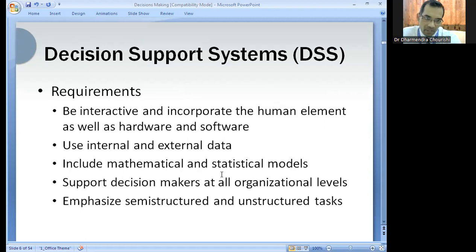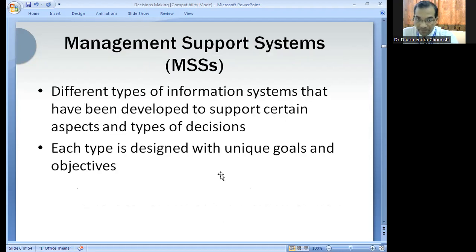A decision support system is required to be interactive and incorporate the human element as well as hardware and software, use internal and external data, include mathematical and statistical models, support decision makers at all organizational levels, and emphasize semi-structured and unstructured tasks.